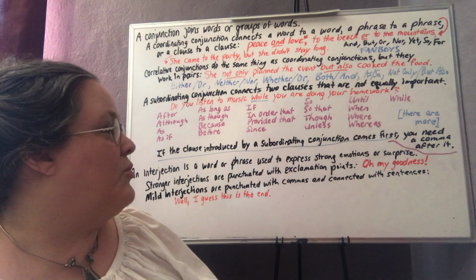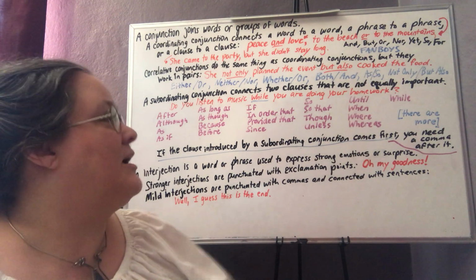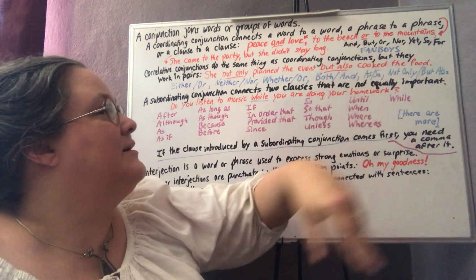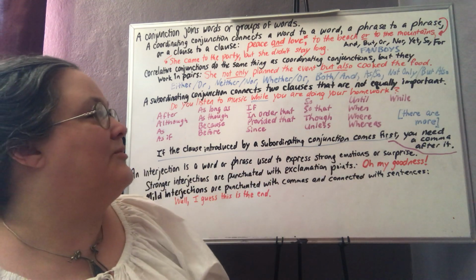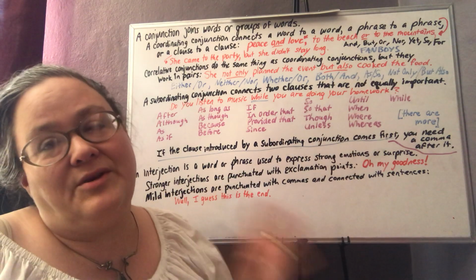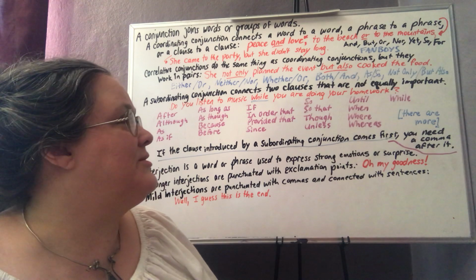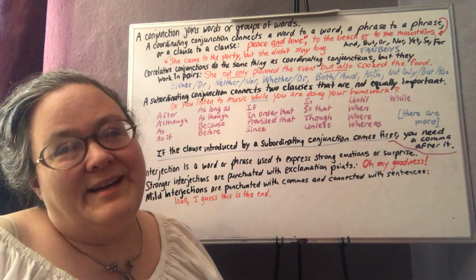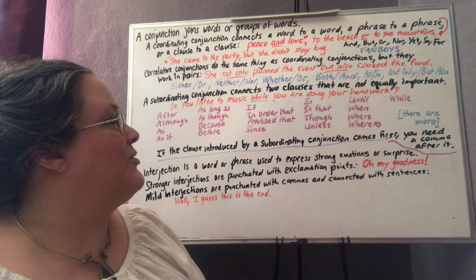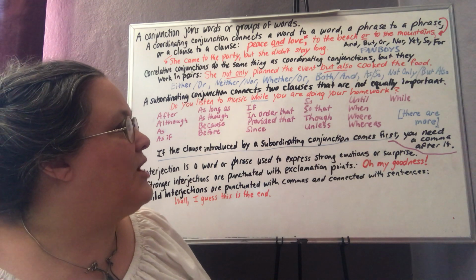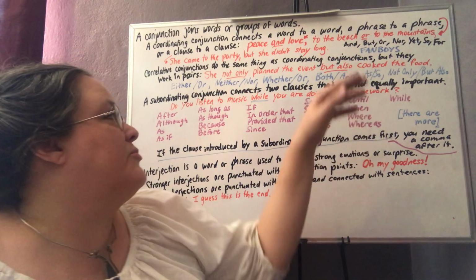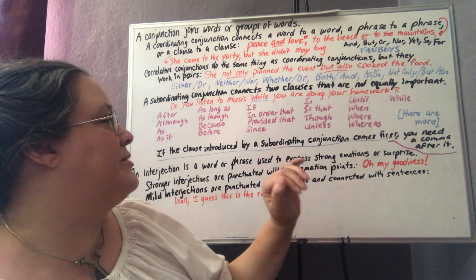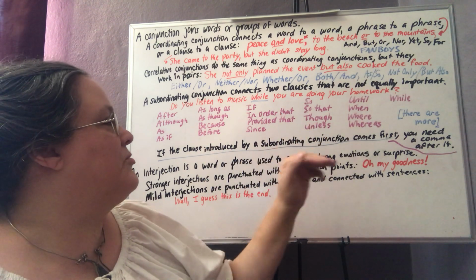For me, it's a coordinating conjunction because I memorized fanboys, and that's for, and, nor, but, or, yet. So those are the coordinating conjunctions. So anyway, I wrote them in a different order up there, but you can see that the acronym by which maybe you can memorize the coordinating conjunctions is fanboys. Anyway, back to subordinating conjunctions.